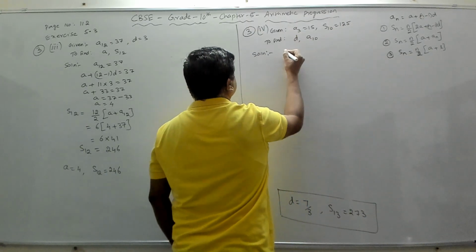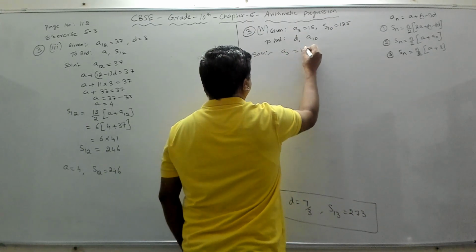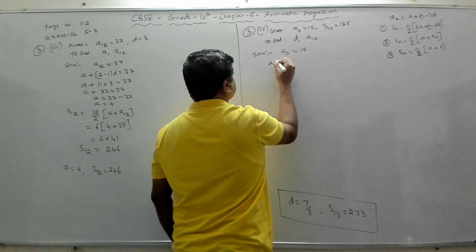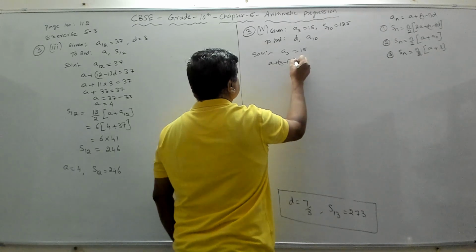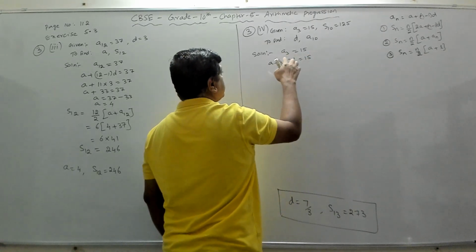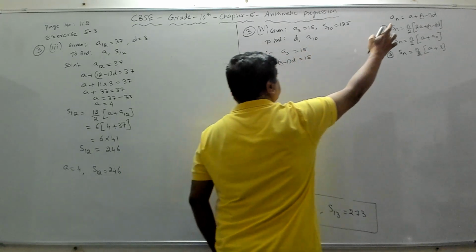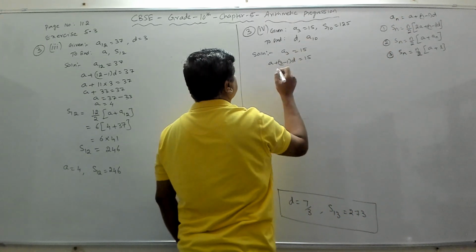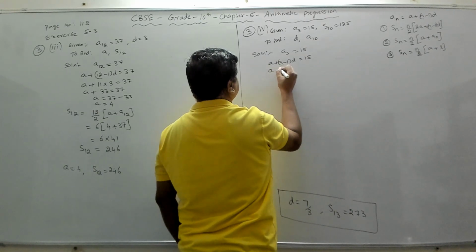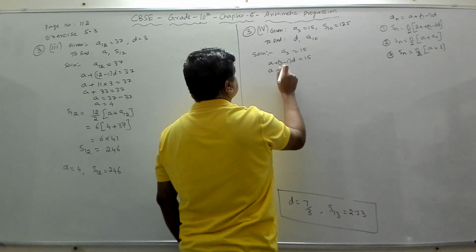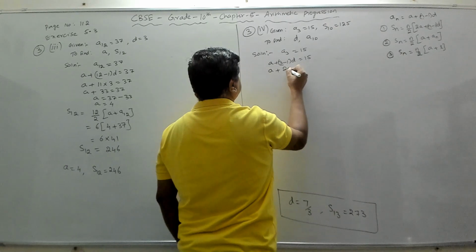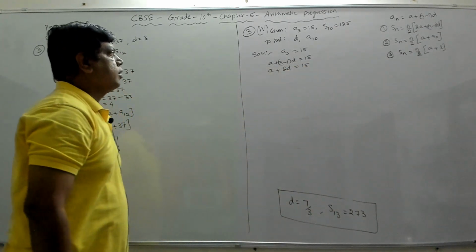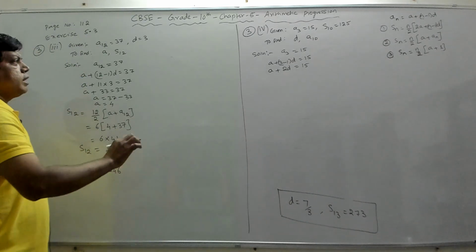Let's take A3, which means A plus 3 minus 1 into D equal to 15, because An is A plus n minus 1 into D. We don't know A, so we'll keep A plus 2D equal to 15.